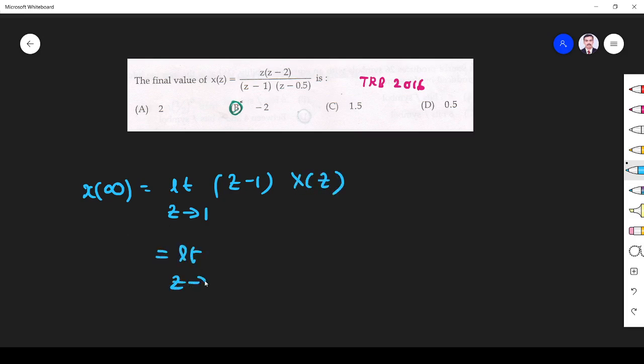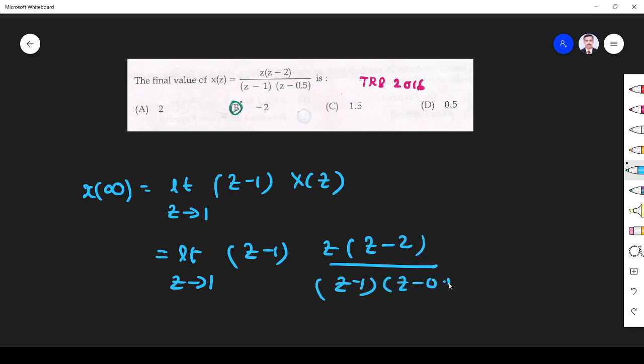Limit z tends to 1, (z minus 1) into (z minus 2) divided by (z minus 1) into (z minus 0.5). So both are cancelling each other.